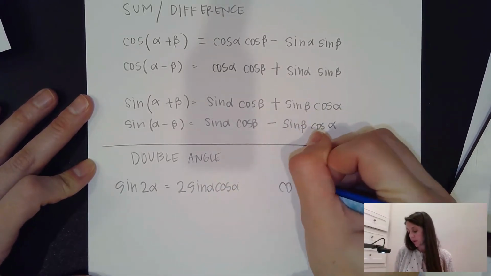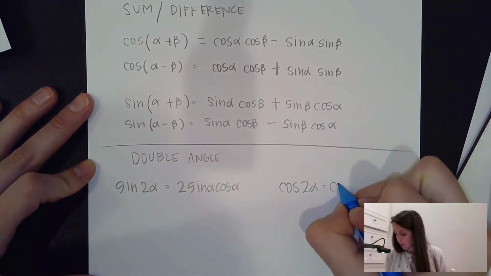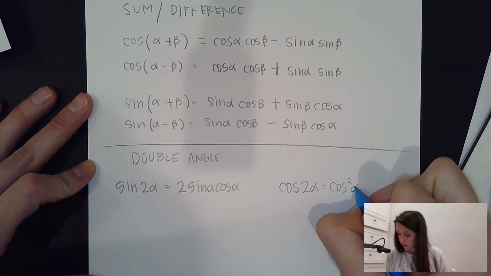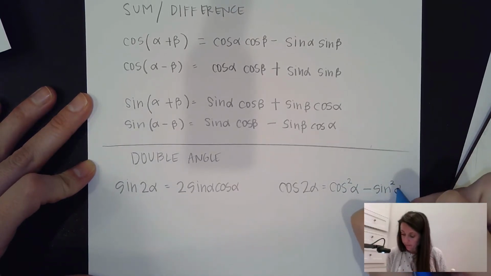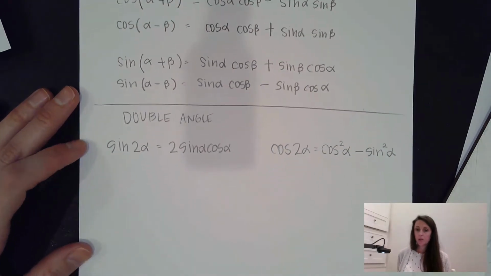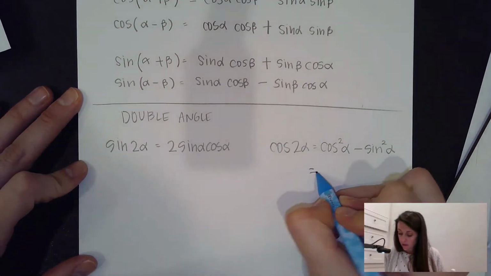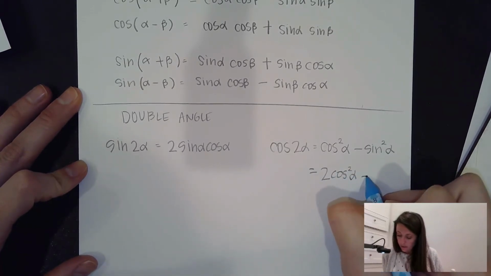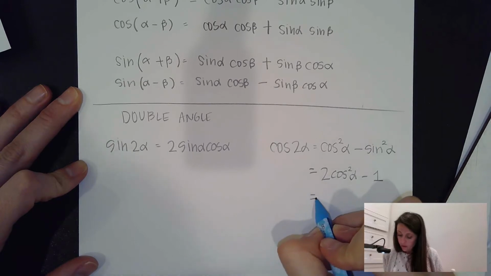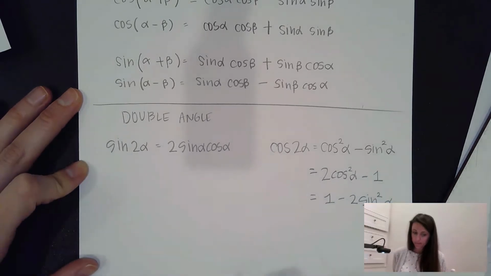Double angle for cosine, it could be written a few different ways, but one of them is cosine squared alpha minus sine squared alpha. And then we could use the Pythagorean identity to rearrange these. So it can also be 2 cosine squared alpha minus 1, or it could be 1 minus 2 sine squared alpha.